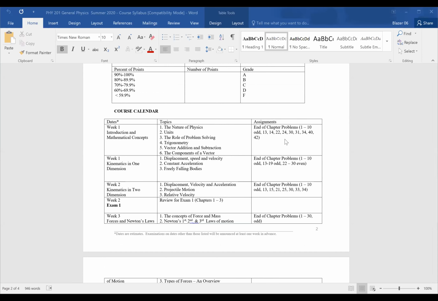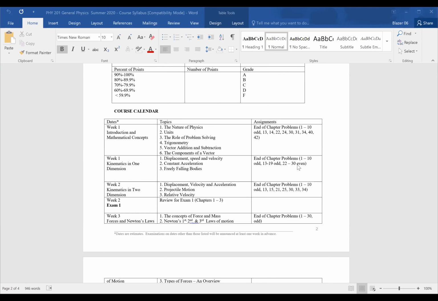I gave you a few problems, but now I'm beginning to use the assignment that I'm giving you in the textbook. So end of chapter problems means at the end of chapter 2, we have 1 through 10 odd, then 13, 15, 17, 19.